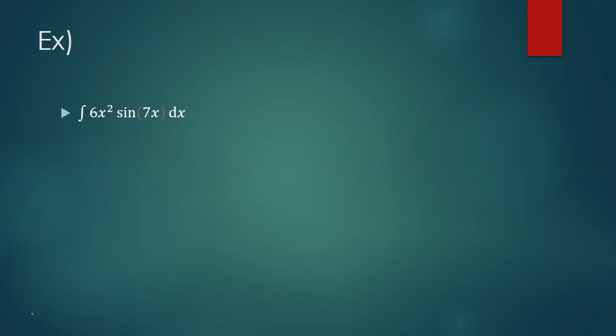So let's look at this example. We want to take the integral of 6x squared sin of 7x dx. We could definitely try the tabular method. So you're going to make a three column table.